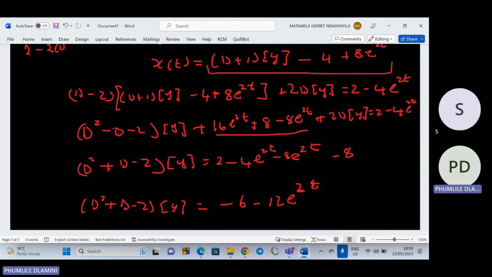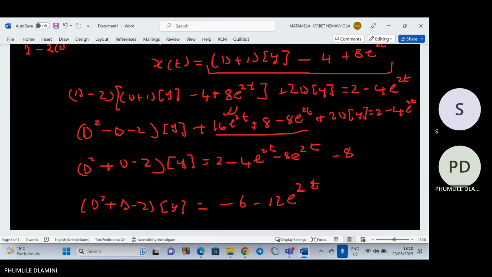Minus 2 is going to be 1. Minus is fine. Then this one here is going to be 0. Yes. This one times 1 is going to be plus 8. This one times this one is going to be 0. This one times this one, when you differentiate it, 16e to the 2t plus 16e to the 2t is right.